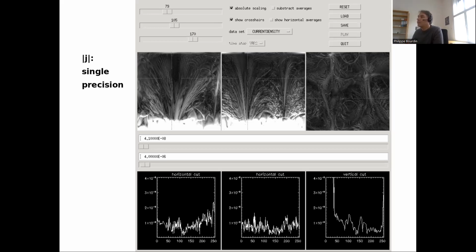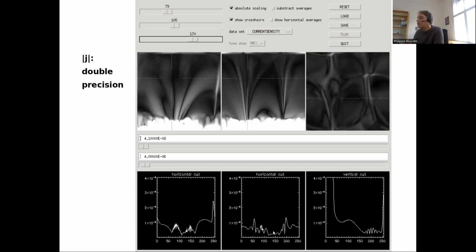So thinking back, in the density, the error was tiny. In the vertical velocities, we had regions with strong errors, but other regions were okay. If we look at the current density, we actually see more errors than the actual quantity. Because if you go to double precision, this noisy curve becomes totally smooth.